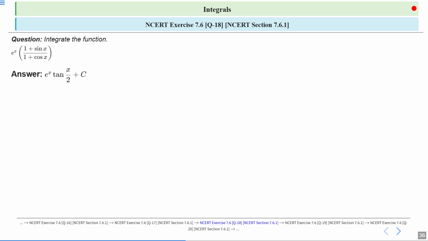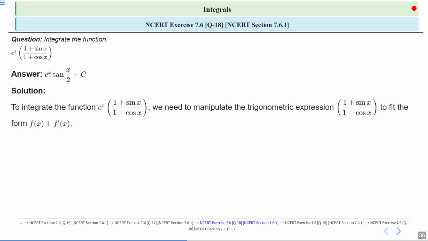Okay, everyone. Now let's solve the question together. So the answer is e^x tan(x by 2) plus c. To integrate the function e^x into (1 plus sin x) by (1 plus cos x), we need to manipulate the trigonometric expression (1 plus sin x) by (1 plus cos x) so that it fits the form f(x) plus f dash x.